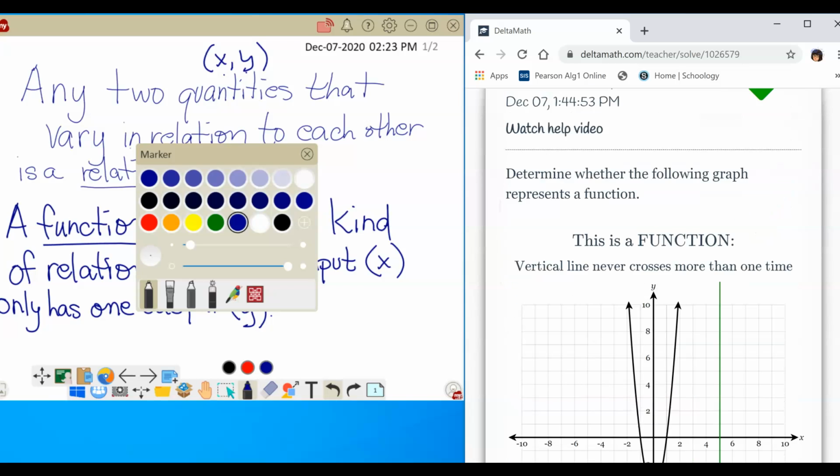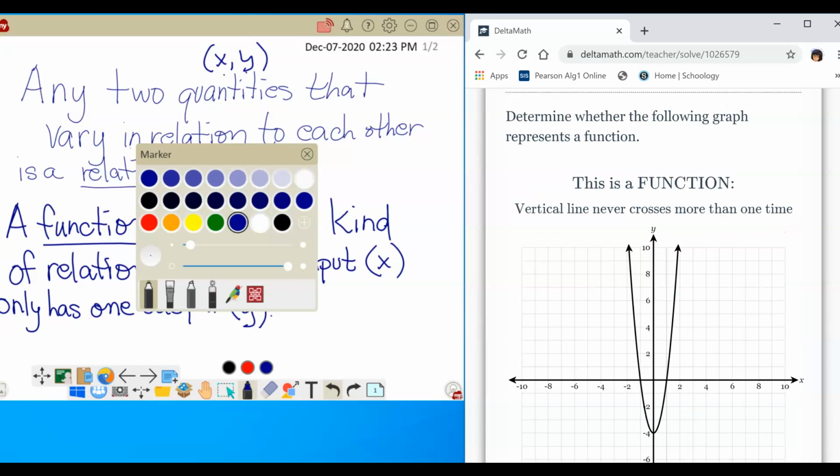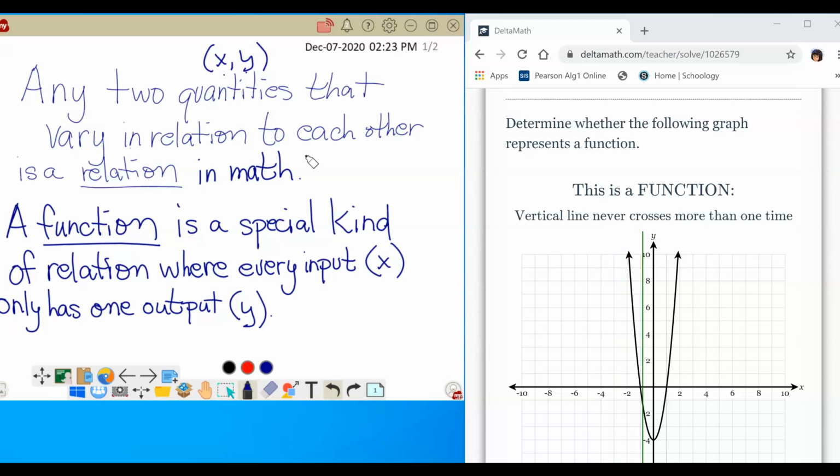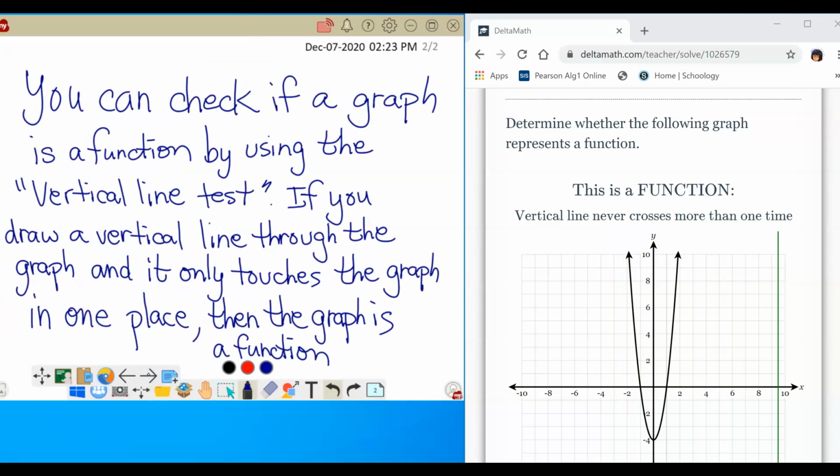Now I want you to watch what the graphic is doing. You see how that vertical green line is passing across the graphic of the parabola? So let's go to our next page.